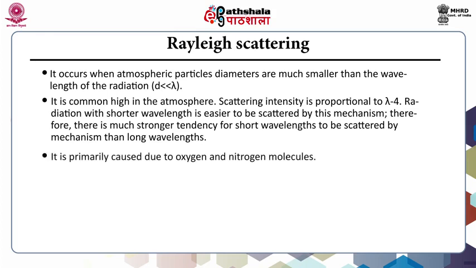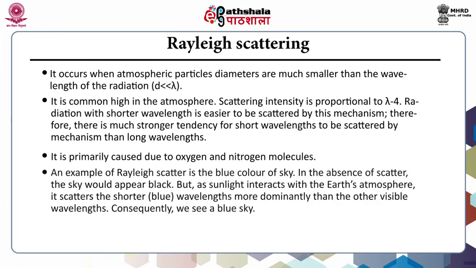It is primarily caused by oxygen and nitrogen molecules. An example of Rayleigh scatter is the blue color of the sky. In the absence of scatter, the sky would appear black, but as sunlight interacts with the Earth's atmosphere, it scatters the shorter blue wavelengths more dominantly than the other visible wavelengths.